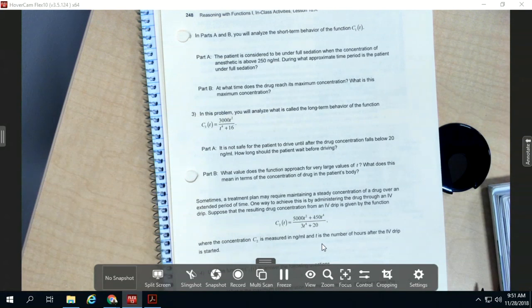Next one. Sometimes a treatment plan may require maintaining a steady concentration of a drug over an extended period of time, and one way of doing that is through an IV drip.